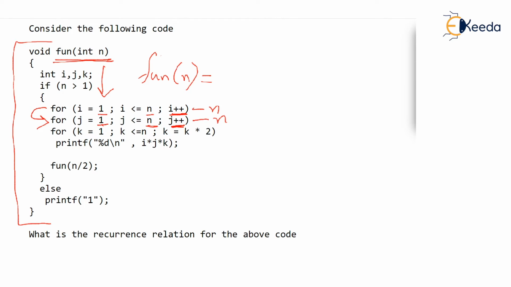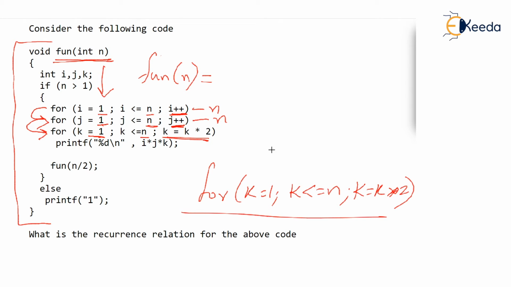And then for every occurrence of this j, there is k which goes from 1 to n, but k is getting multiplied with 2, isn't it? Now we have a loop where k goes from 1 up to n, and k becomes k multiplied by 2. Clearly this loop will run log of n to the base 2 times.